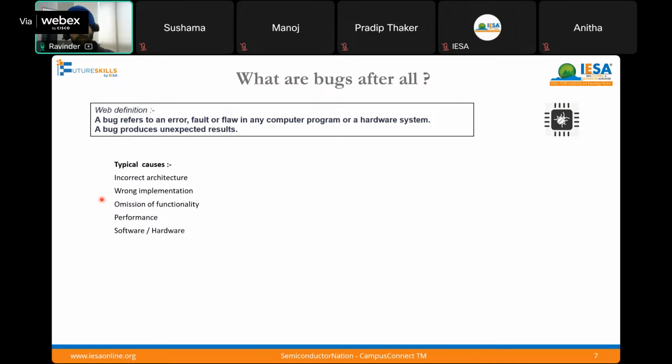There could be omission of functionality. Functionality is specified, but for some reason it has not been implemented into the end product, and that could cause a problem. There could be performance related bugs. Imagine you're using a mobile phone, streaming a high definition video, and suddenly you start getting flickers.